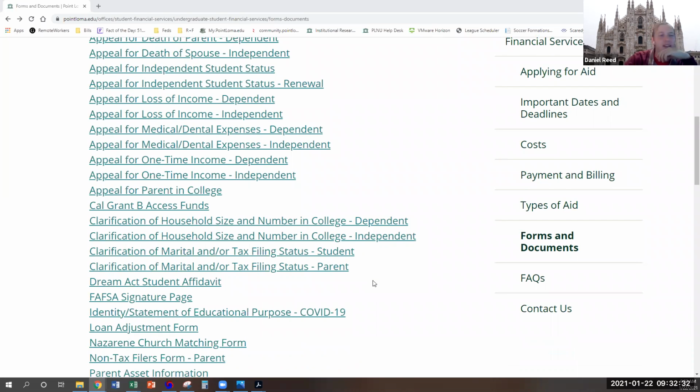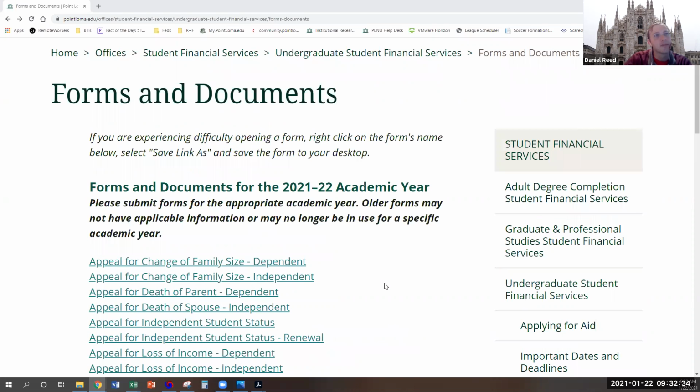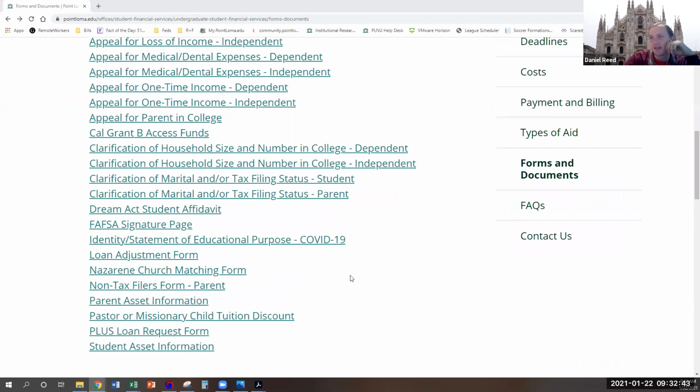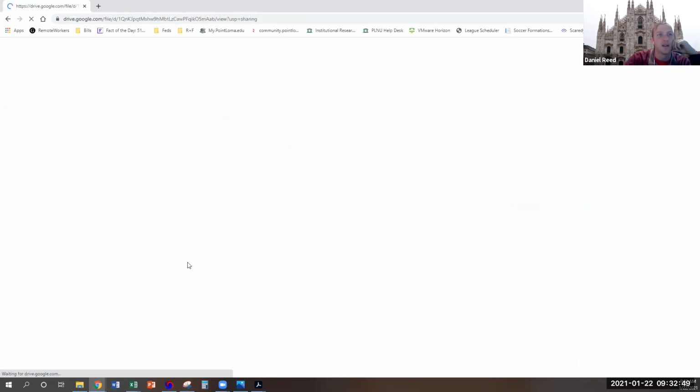All right. The next thing I want to look at is the loan forms. So I'm going to go back and open the loan adjustment form. That was another one that was updated once or twice during this year.